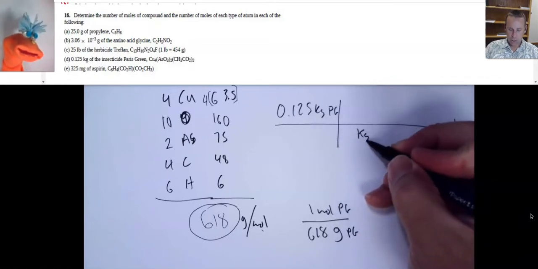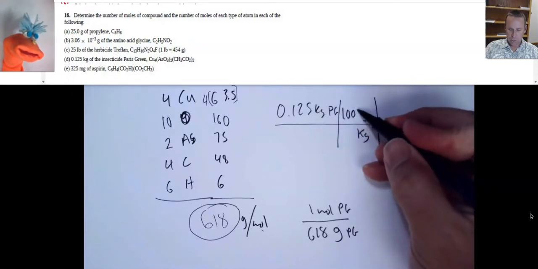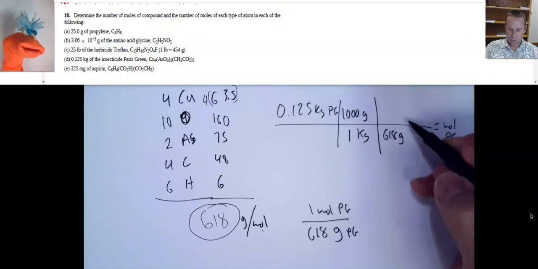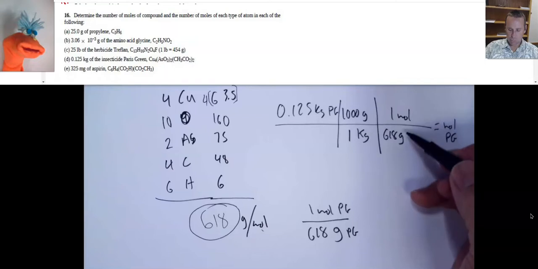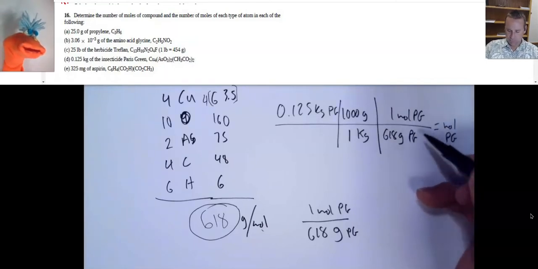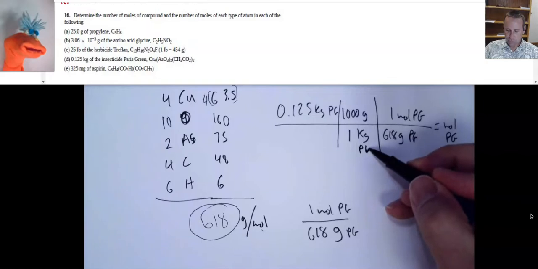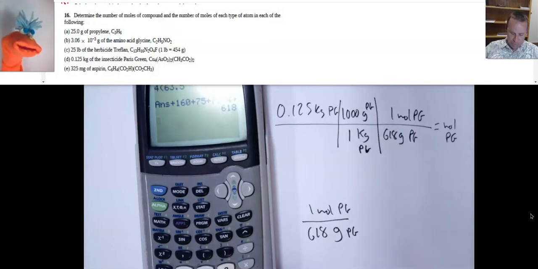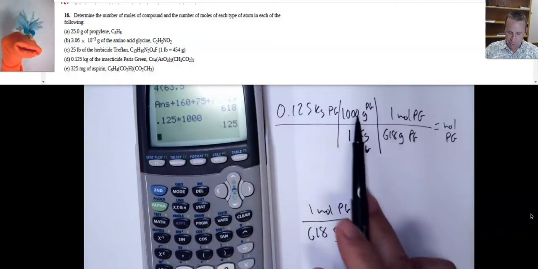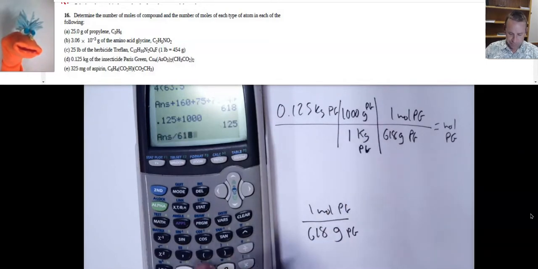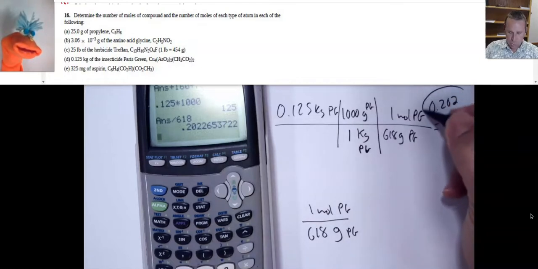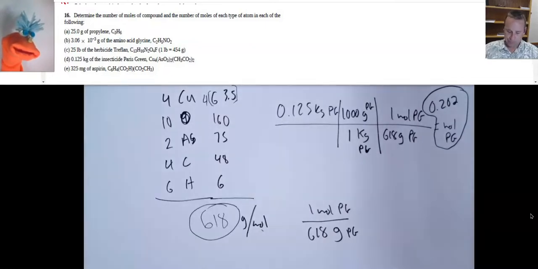Okay, so kilograms down here, grams up here. 1,000 grams for every kilogram, like that? Yeah. All right, and then 618 grams for every 1 mole of my Paris green. Okay, so 0.125 times 1,000 gets us into grams, divided by 618. So 0.202 moles of Paris green.